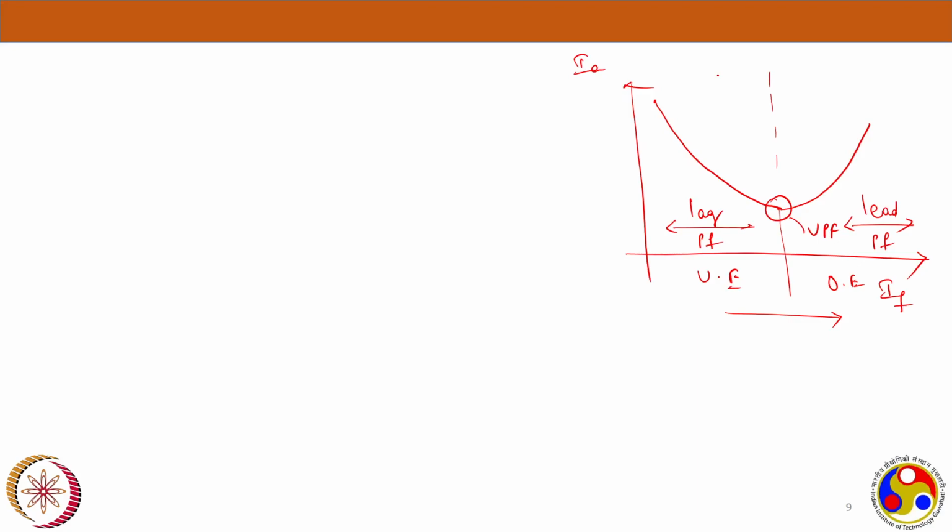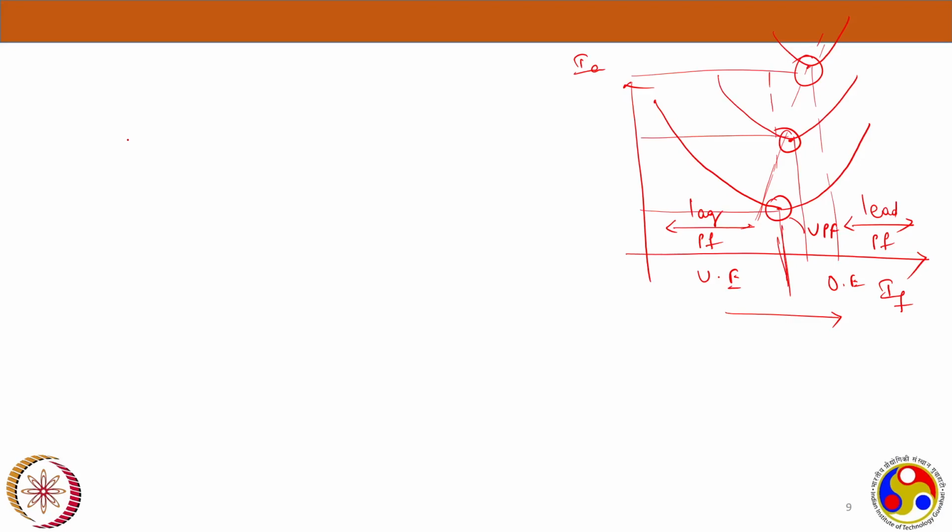Your curve will be shifted rightwards. It won't be following the same one. The unity power factor won't be occurring at the same field current. So the field current required for unity power factor would change, as well as the IA. That's why your curve is shifting towards the right.